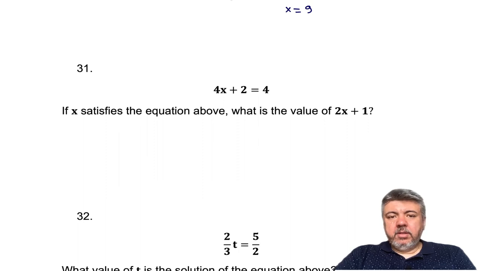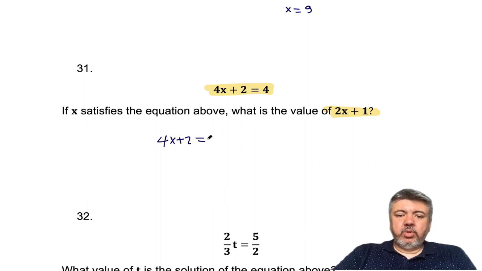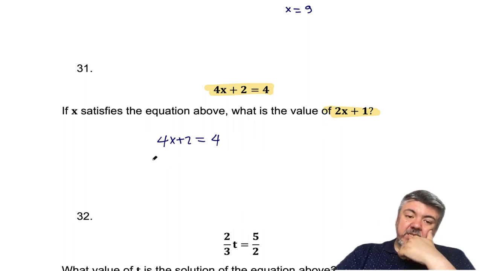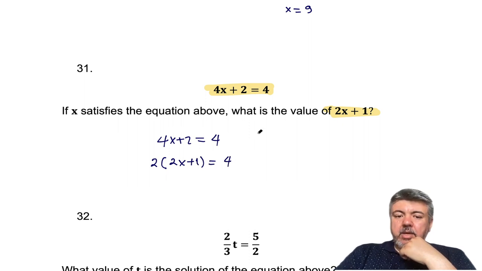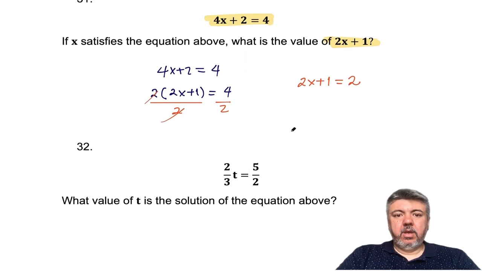Question 31. It's another simplistic question. If you give me 4x plus 2 equals 4 and ask me 2x plus 1, I can say this one: 2 parentheses 2x plus 1 equals 4. As you saw already, divide by 2 on both sides. 2x plus 1 is equal to 2.